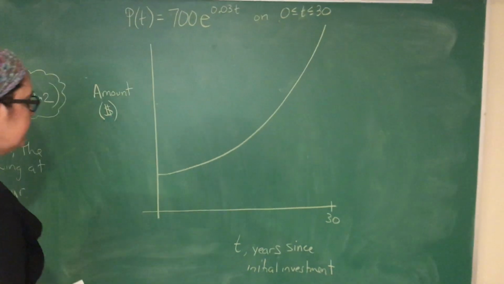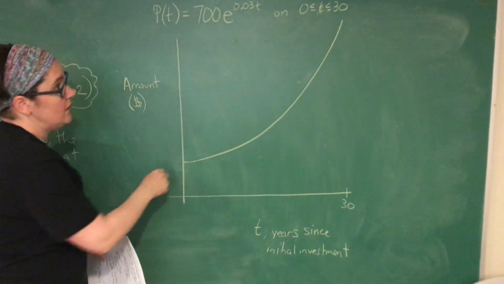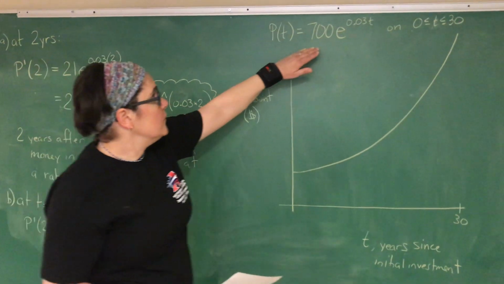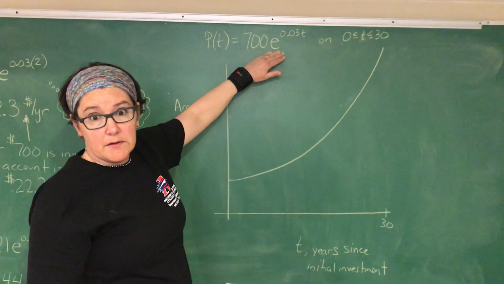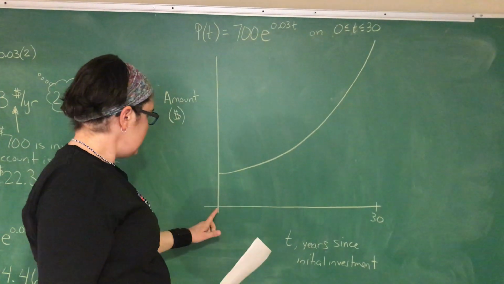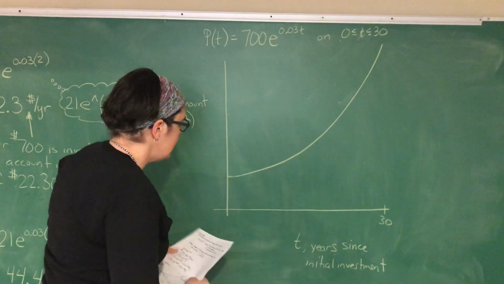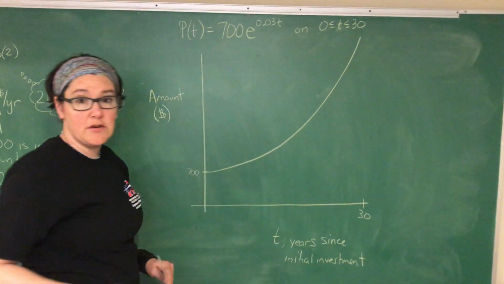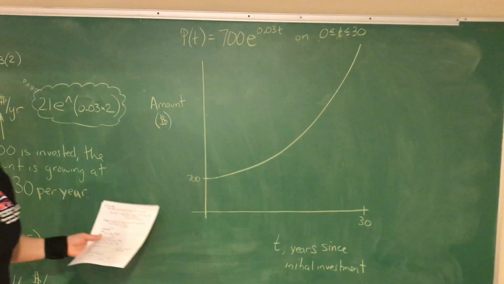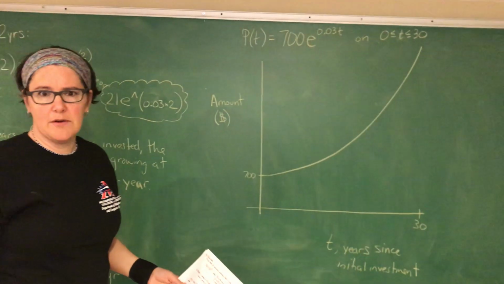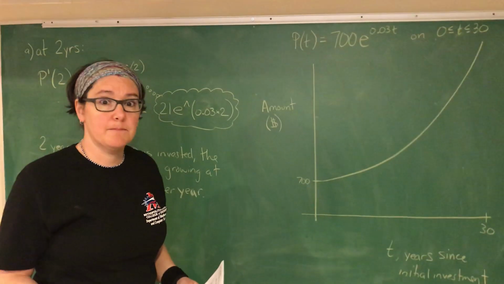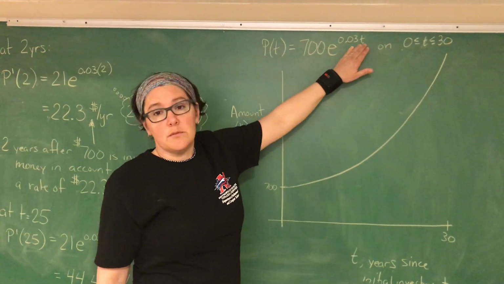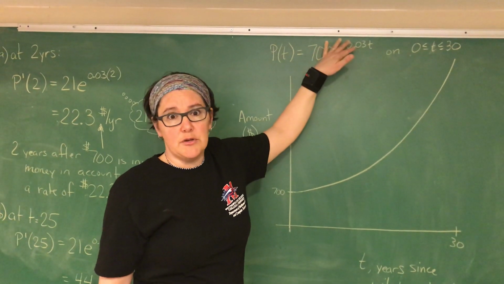All right, so if on your calculator, when you graph this function, you can hit the trace button, and if you type in t equals 0, then the height of the graph will be at 700. And this makes sense because that's your initial investment. That is what you have at time 0 years. Okay. Another way to get that 700 is plug in t equals 0 into the formula, and the output should be 700.